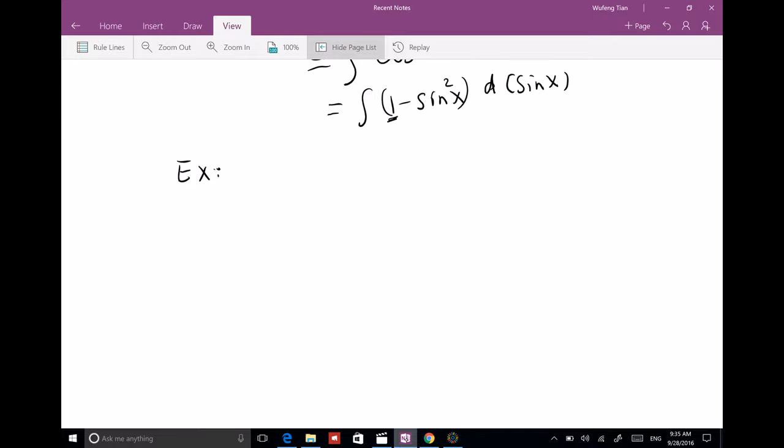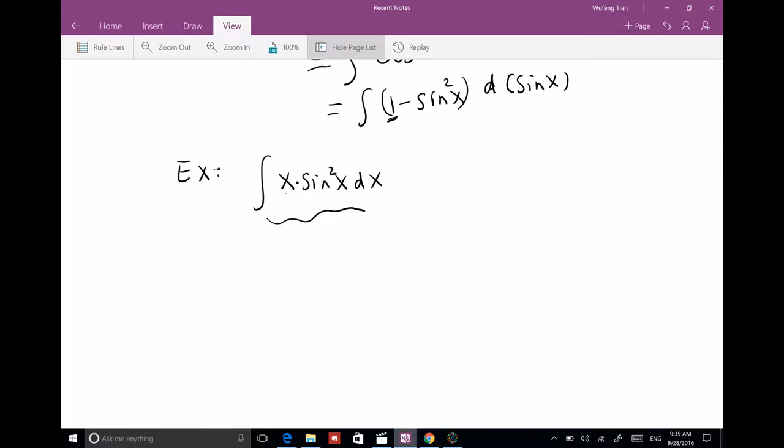What if you have x times sine x squared dx? In the previous class, I think we did something about x sine x and x e to the power x using integration by parts. Here you have a multiplication, sine x times sine x.